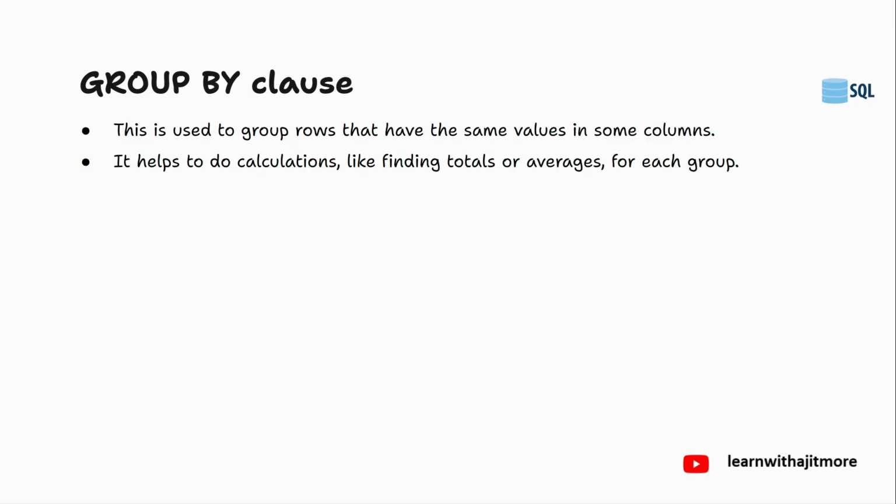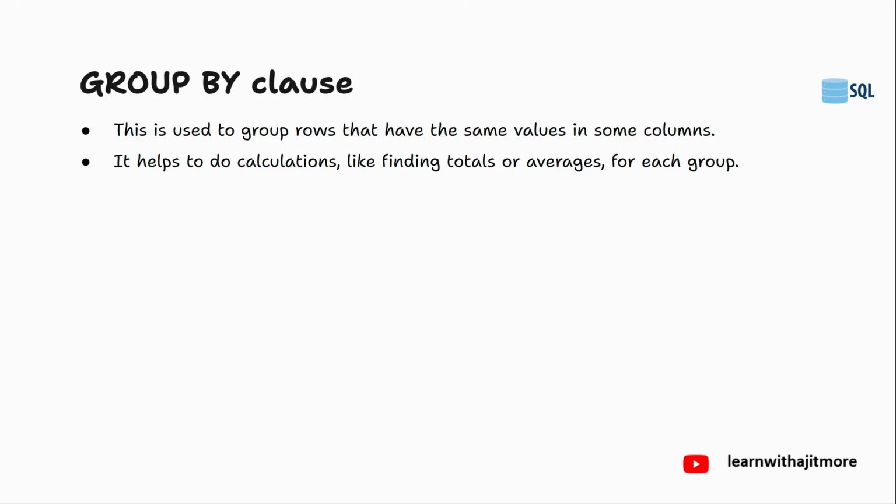Get it? City-wise number of employees I want. So I'll apply the aggregate on each group, right? I want the average salary of each city, city-wise average salary. Then we will apply group by. Get it? So it helps us to do calculations like finding totals or averages for each group.